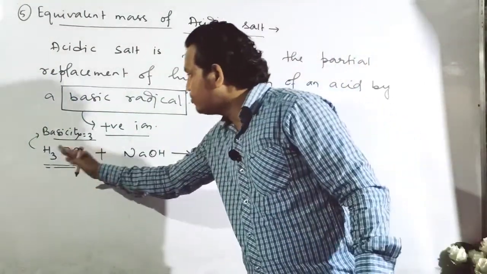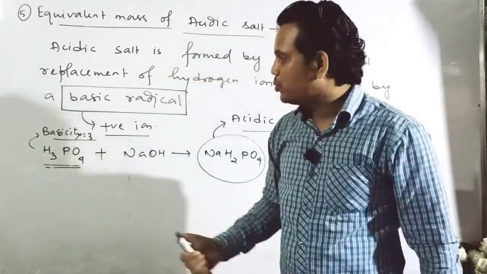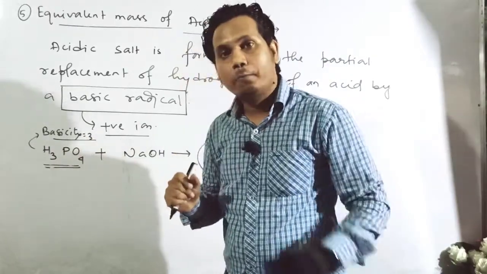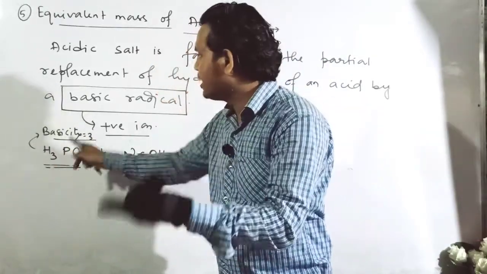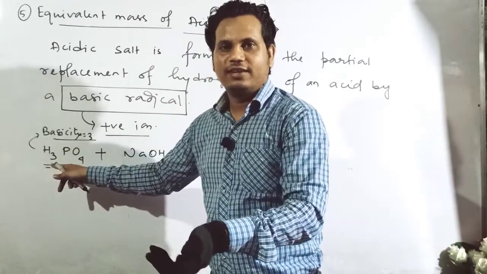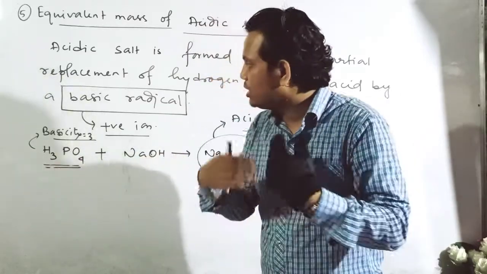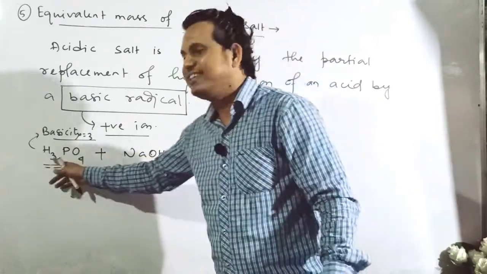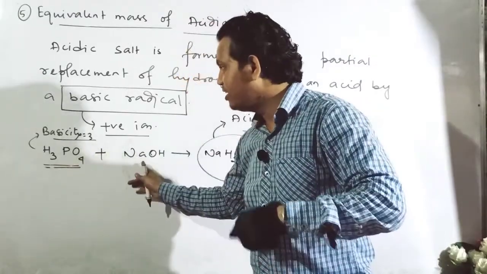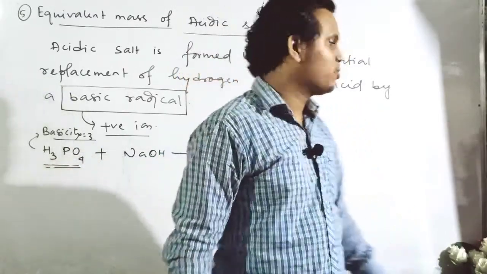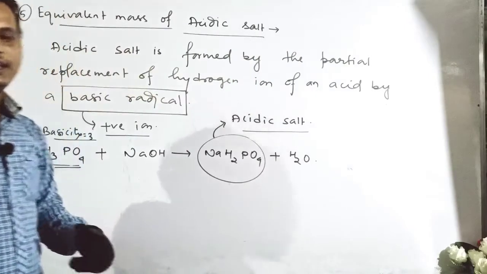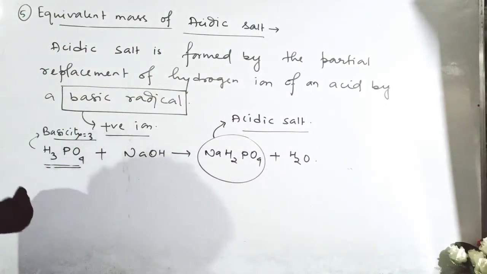H3PO4 can give 3 hydrogen atoms, so its basicity is 3, but only 1 hydrogen atom is replaced. Its efficiency is to give 3 hydrogen, but it gives only 1. So it is called acidic salt. So in this way you can know about the acidic salt.